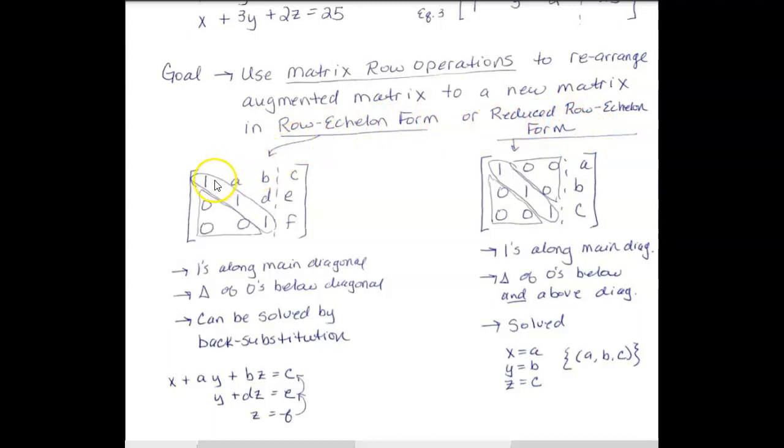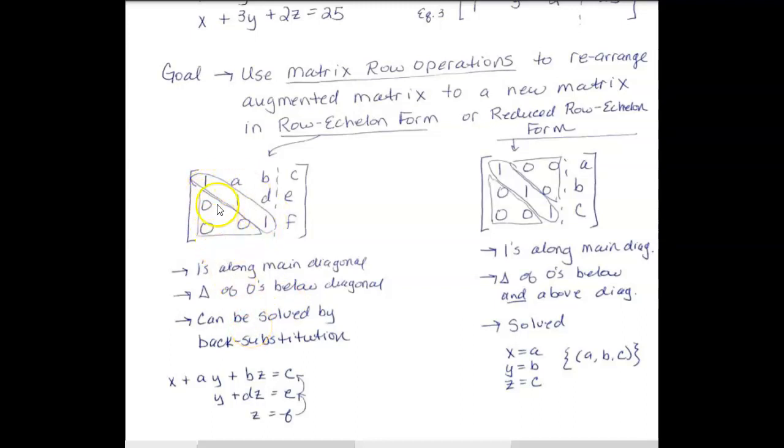Row echelon form means that I have created a new matrix where on the left side of my equal sign we have this main diagonal that consists of all 1s. Below the main diagonal we have a triangle of 0s. And if I can get it to that point, then we can solve by what we call back substitution.